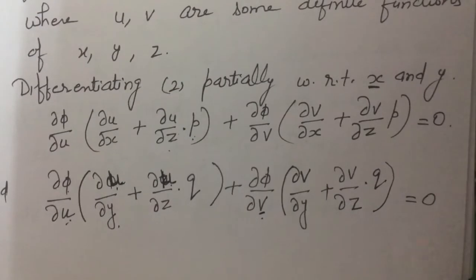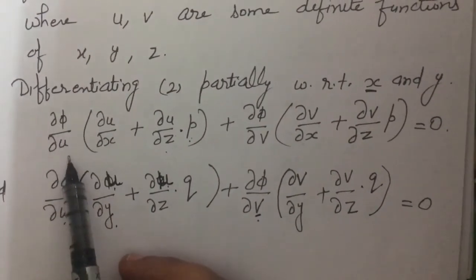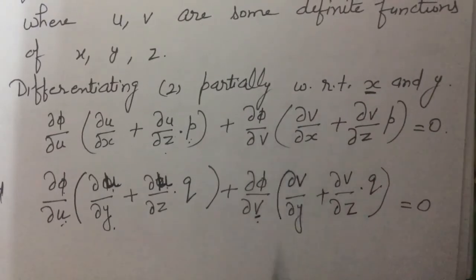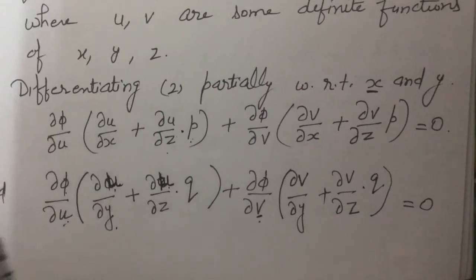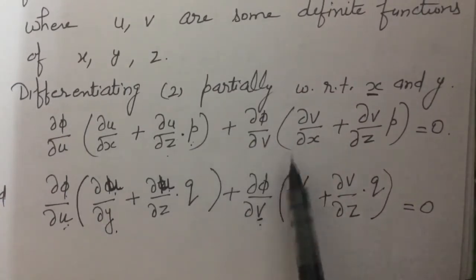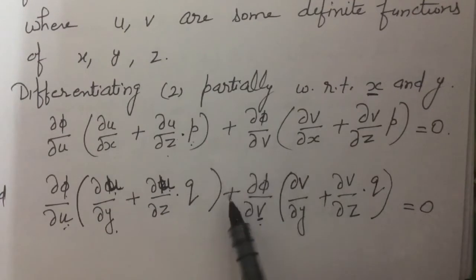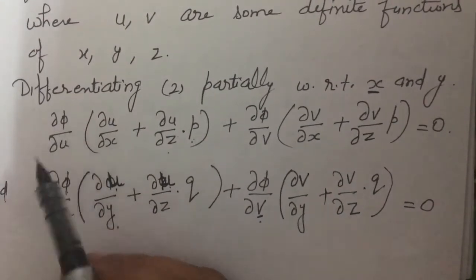Now we have written two equations in terms of ∂phi/∂u and ∂phi/∂v. Our main motive is to eliminate this phi. So we eliminate ∂phi/∂u and ∂phi/∂v from these two equations. Two unknowns, two equations, so you know the linear method to eliminate these. Suppose we eliminate ∂phi/∂u.